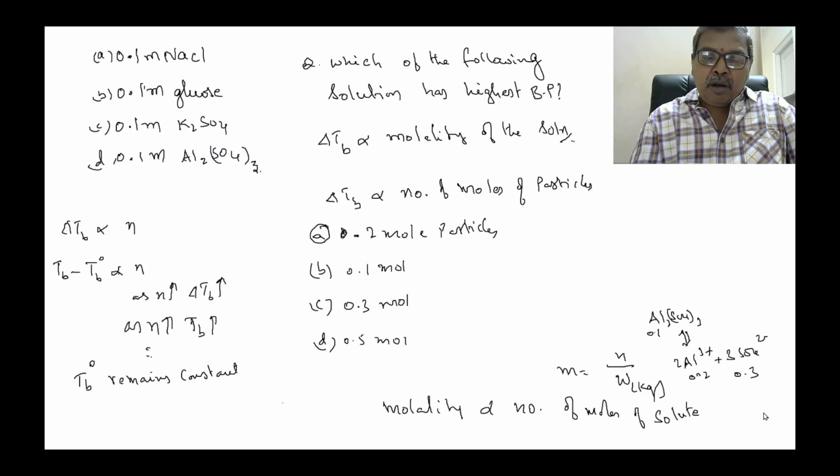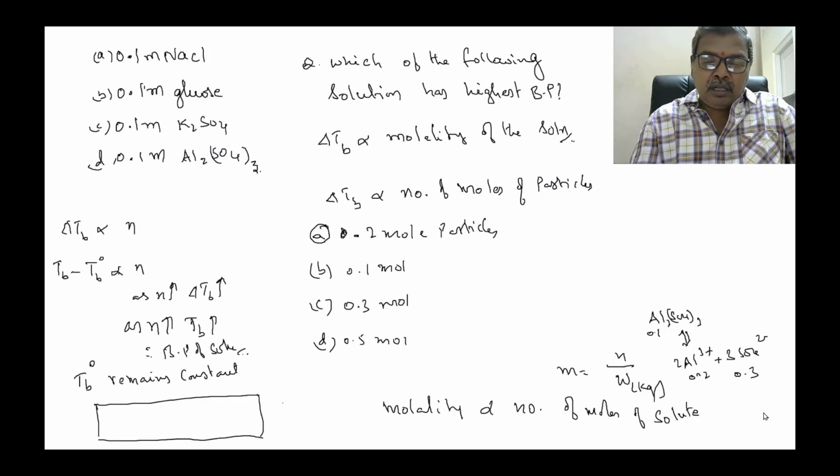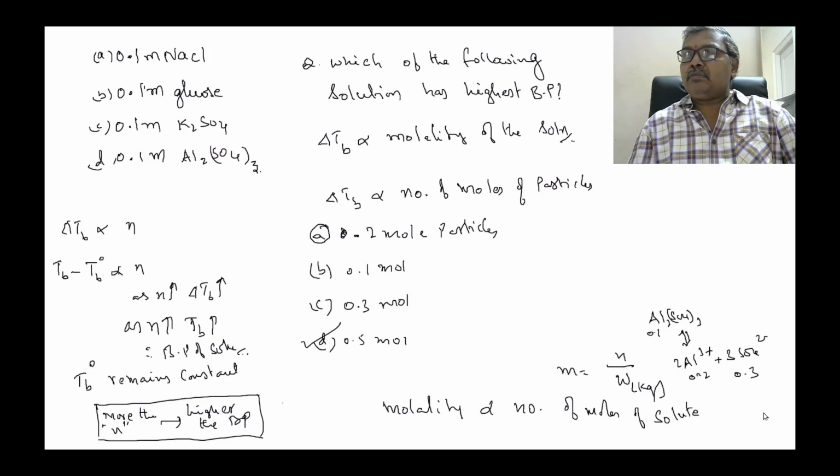Therefore, boiling point of the solution increases with increase in number of particles. So, remember this. The more the particles, the more the number of moles of particles, the higher the boiling point. So, the answer is D.